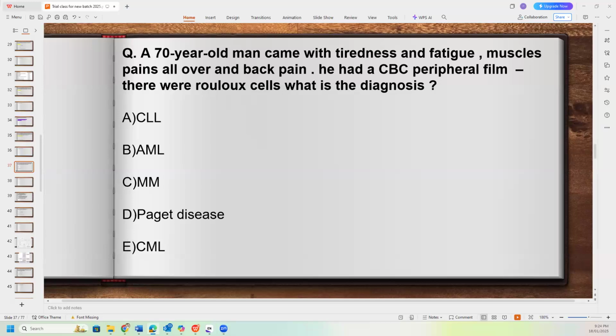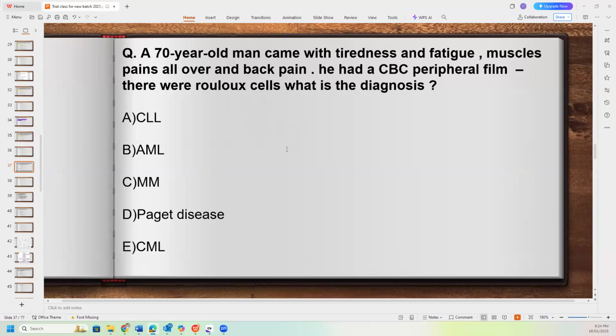Plus, if you are confused and don't know what rouleaux cells are and why they are present, always remember that rouleaux cells form when there is an increase in certain proteins, which are plasma proteins or immunoglobulins in the body, associated with plasma cells.